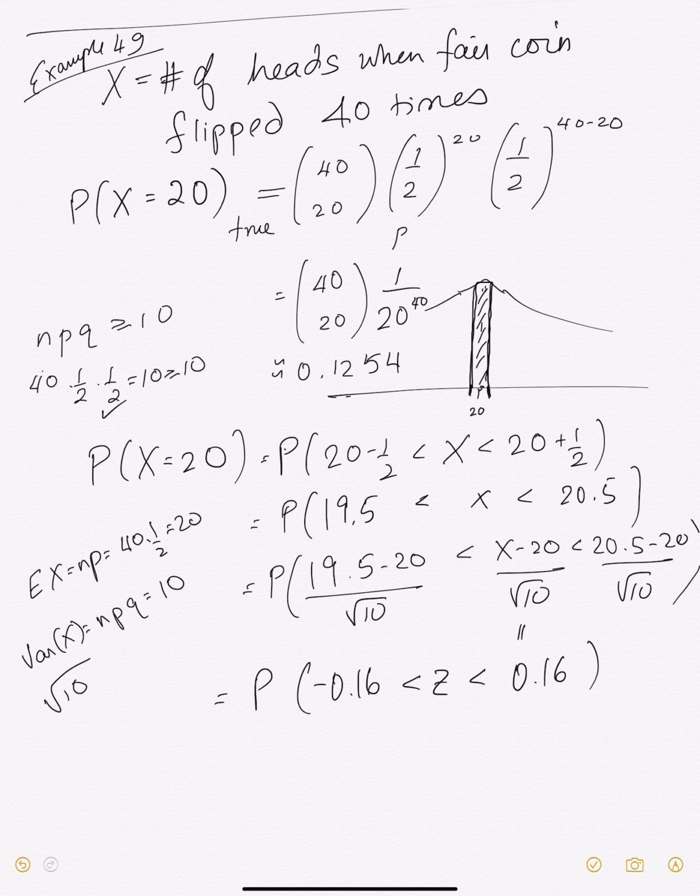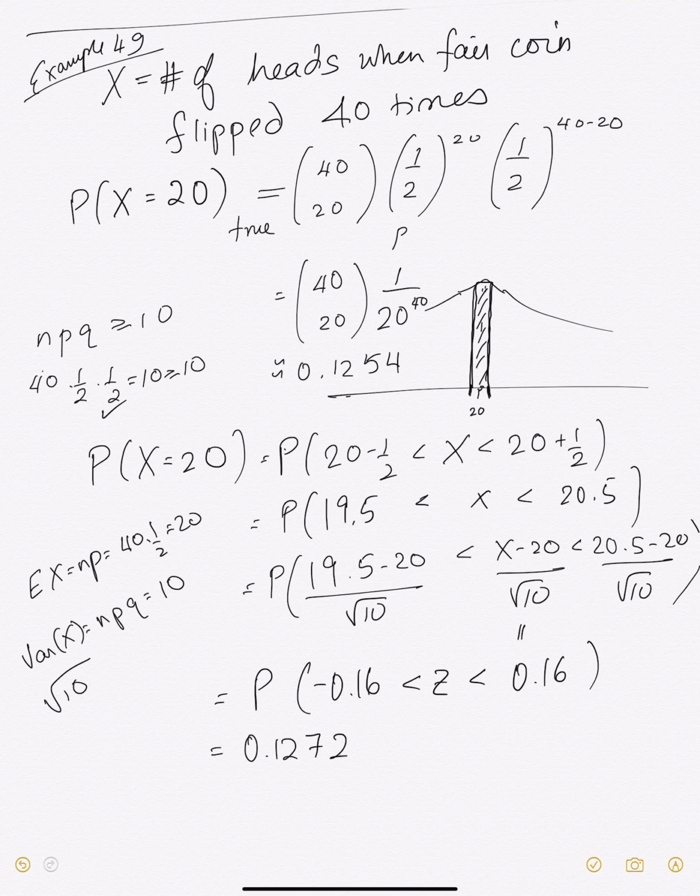And, you know, we don't have negative values, but I showed you earlier how to figure that out. And what you have is 0.1272. Okay? And you can see it's a pretty good approximation to the actual value, even when you're just looking at n equals a certain value. All right?